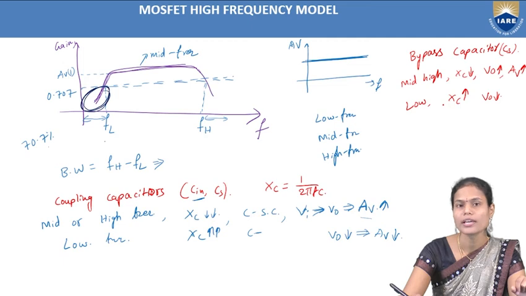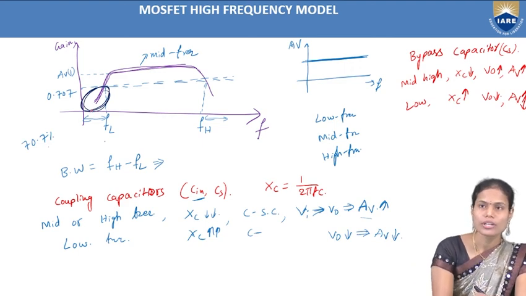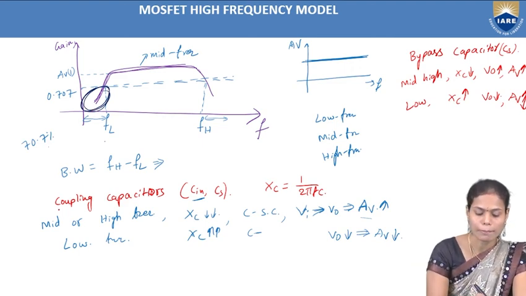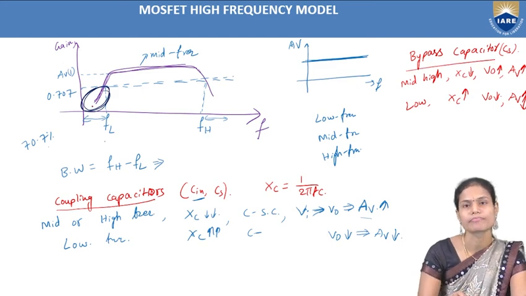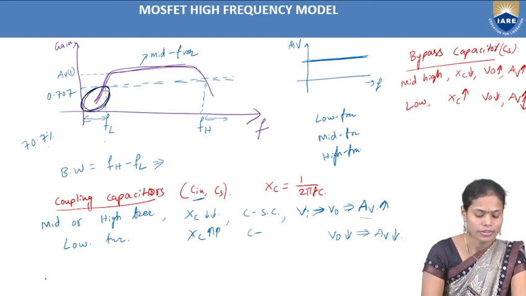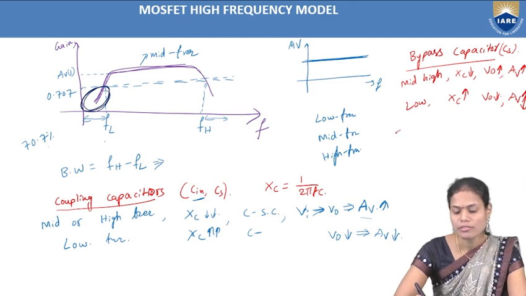It forms an impedance circuit so that the overall voltage is reducing, and if the overall voltage is reducing, the gain is also reducing. So in the case of the low frequency range, because of coupling capacitors as well as bypass capacitors, the gain value is reducing here. And one more set of capacitors we have are the internal capacitors.